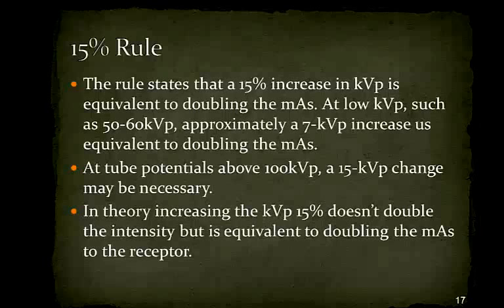When I'm going up with my kVp, that is going to be almost the same exact thing as doubling my mAs. So just by increasing kVp by 15% has the capability of doubling, in theory, the mAs.